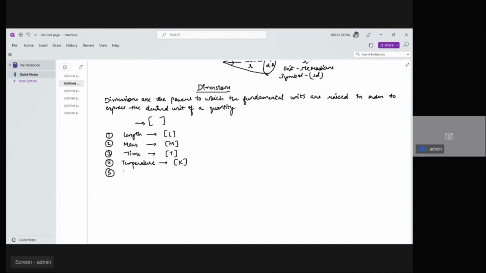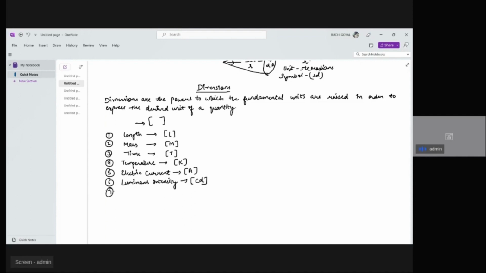Fifth one is electric current. Electric current is denoted by A. Sixth one is luminous intensity. Luminous intensity is denoted by CD.